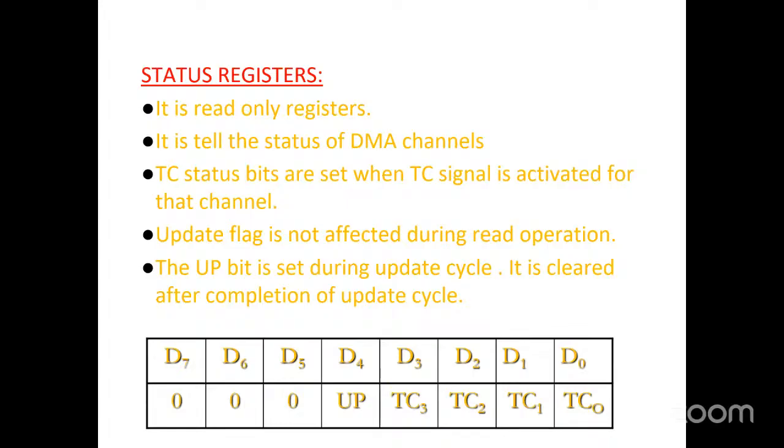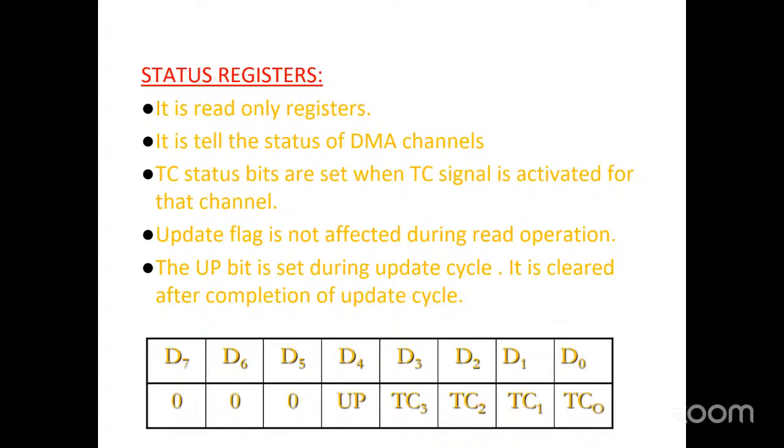TC0, TC1, TC2, TC3: channel 0, channel 1, channel 2, channel 3. ఇందులో ఏది 1 ఉంటే ఆ ఛానల్ యాక్టివ్ లో ఉంది. దాని మీనింగ్ అంటే, how the processor understands which channel is serving which external device depends on this status register.